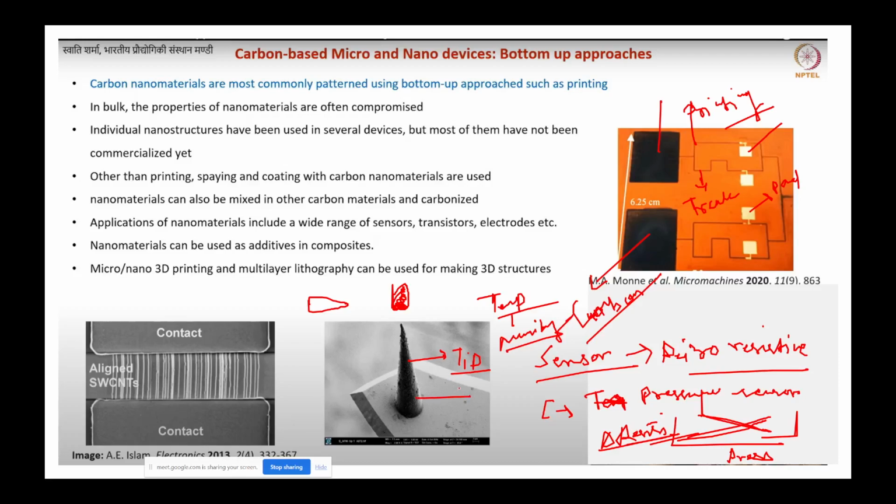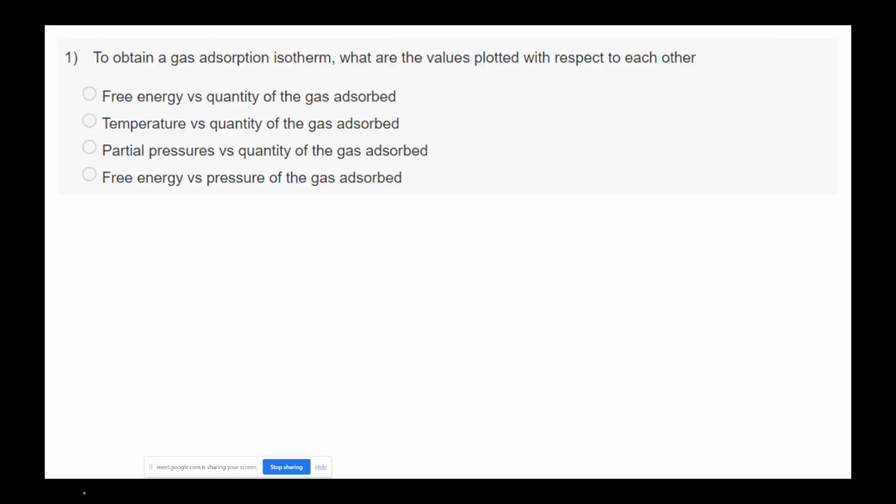This is how beautifully it is made, I think by some lithography process. And here also are some aligned single-wall carbon nanotubes, and these are the contacts, connected by this, and you can use this kind of material for your applications.